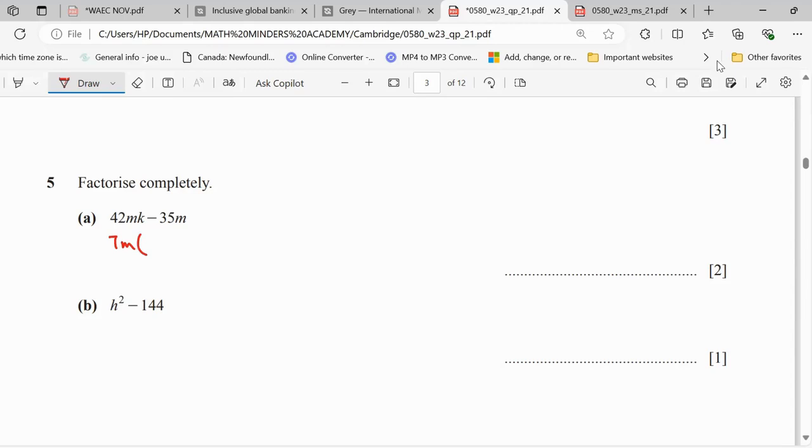So 7 times what will give 42? That's 7 times 6. And there is K because we've picked one M. 7 times 5 will give 35. Already, we have M outside. So here, we'll write 7M, brackets 6K minus 5.